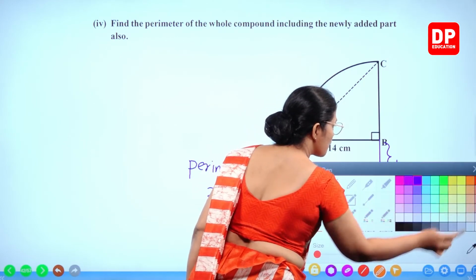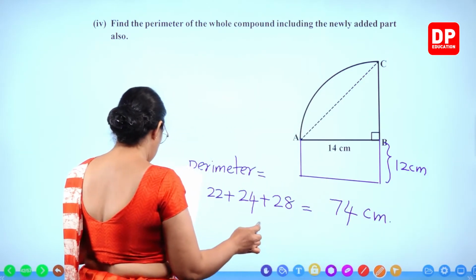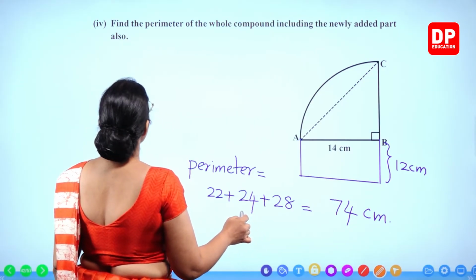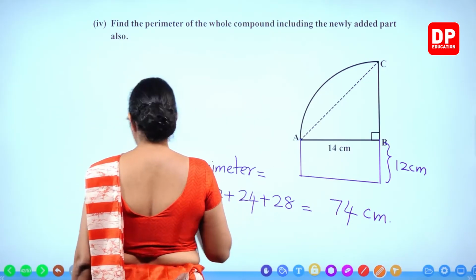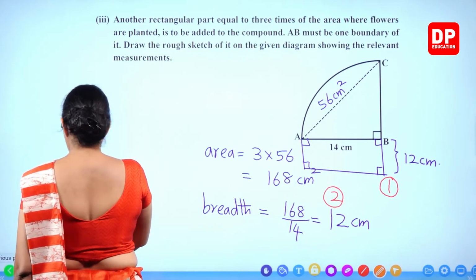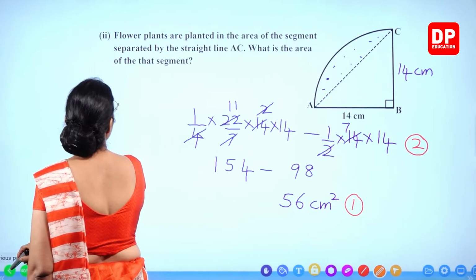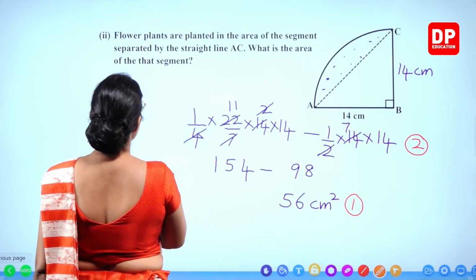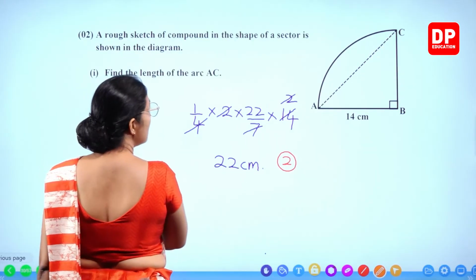So how many marks for that? You are getting 2 marks. Is this given in centimeters or meters? This is centimeters. But if it's an actual one, this should be in meters. It's a small area.